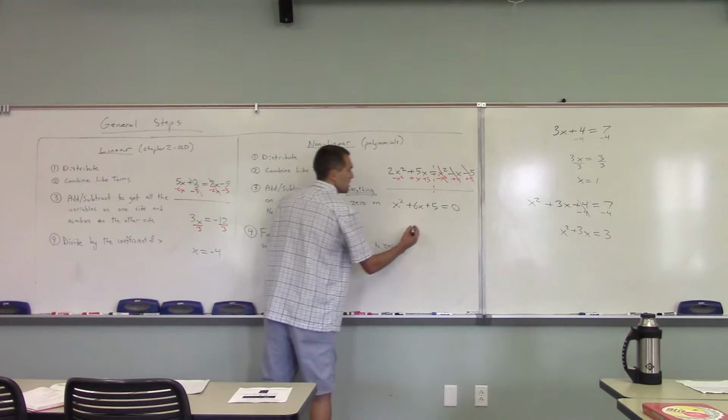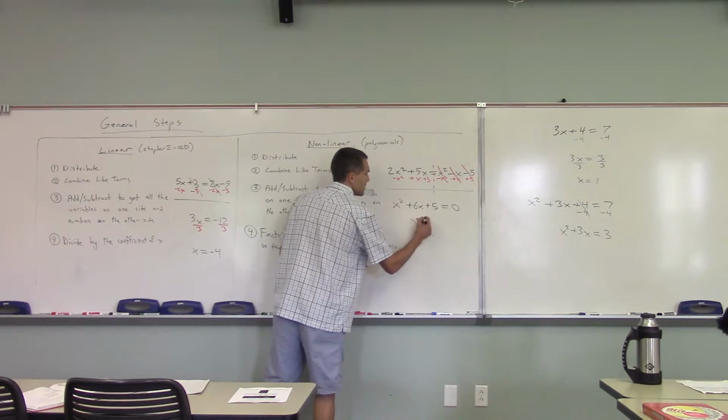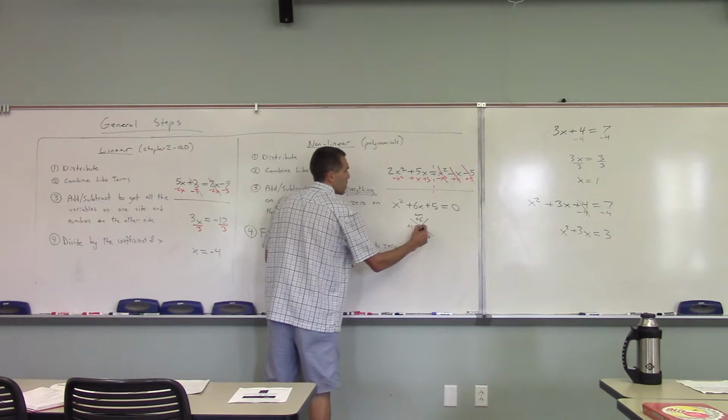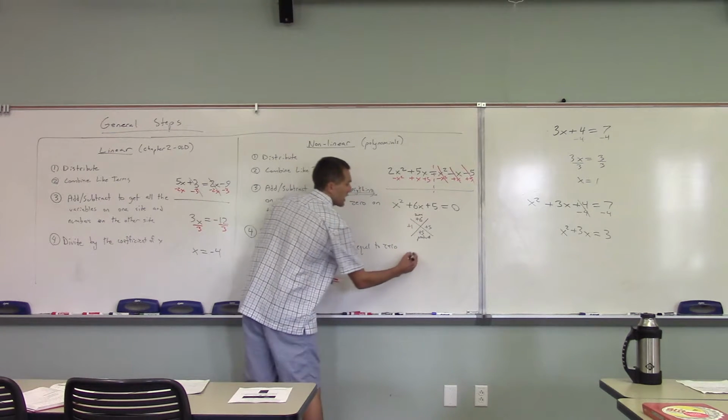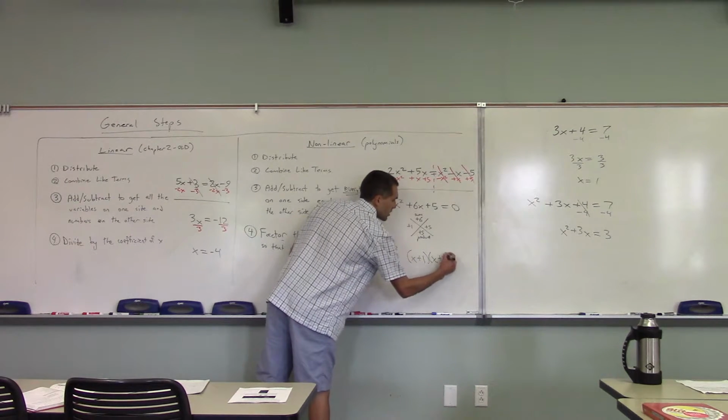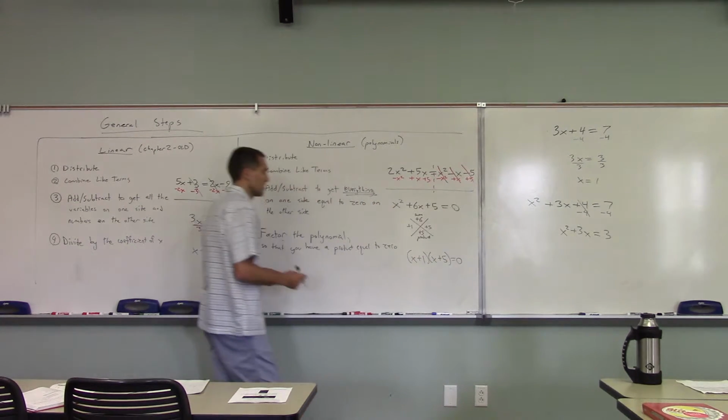So factoring this, we get the sum is 6, the product is 5, so it's a positive 1 and a positive 5. So we get x plus 1 times x plus 5 equals 0.